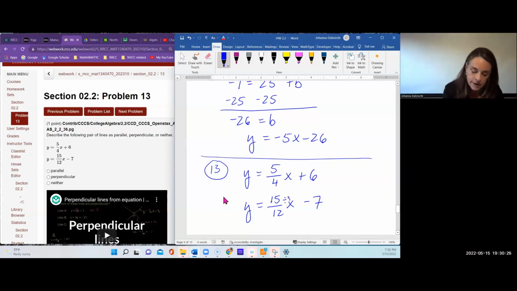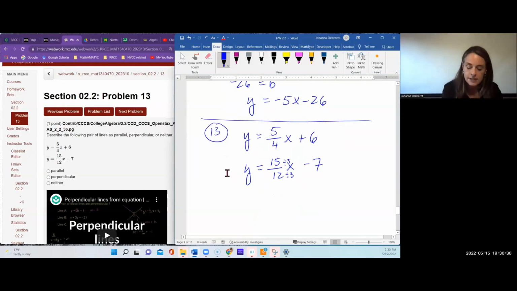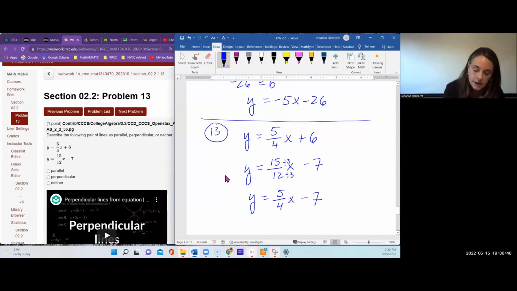Go ahead and divide the numerator and the denominator by 3, which is the same as multiplying by 3/3, to rewrite the second one as 5/4 x minus 7. Note that they have the same slope, 5/4, but they have different y-intercepts, plus 6 and minus 7. These lines are parallel.